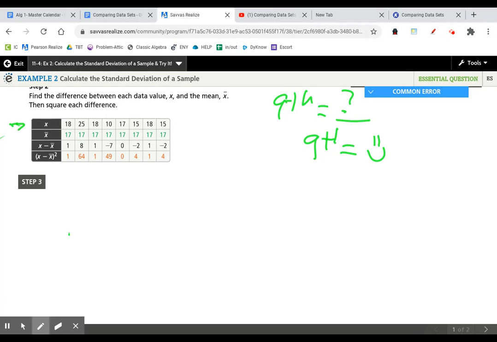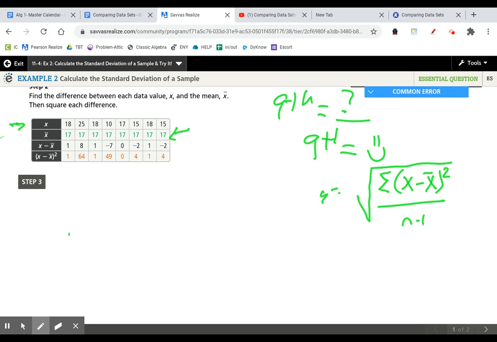Then this whole entire list is 17, because we use the mean for every single one. Again, that formula: standard deviation is the square root of the sum of every single data point, those list of x's, minus the mean, squared, divided by n minus 1.